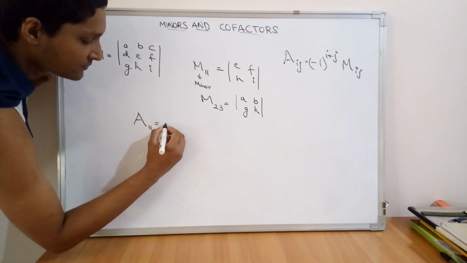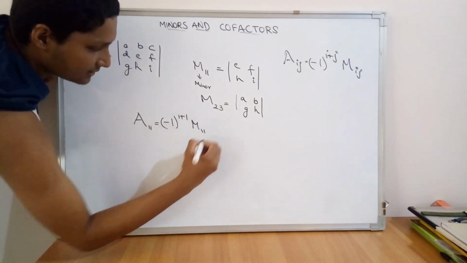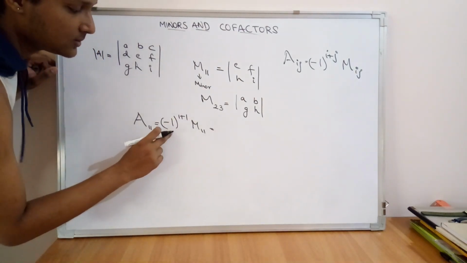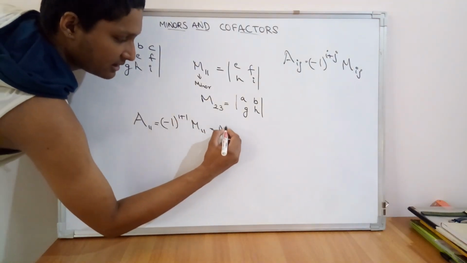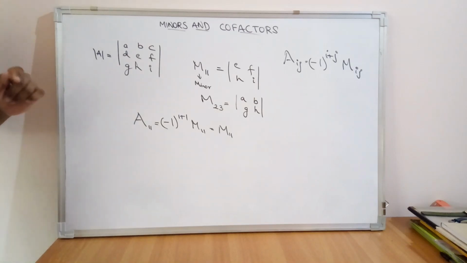A11 is minus 1 raised to 1 plus 1 into minor M11. 1 plus 1 is 2, so minus 1 squared is 1. Therefore A11 is equal to M11.